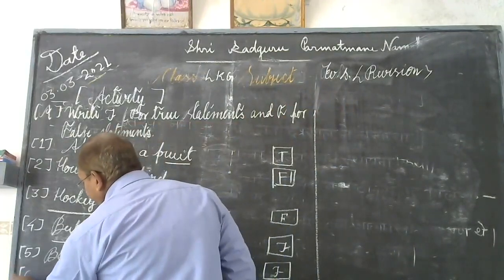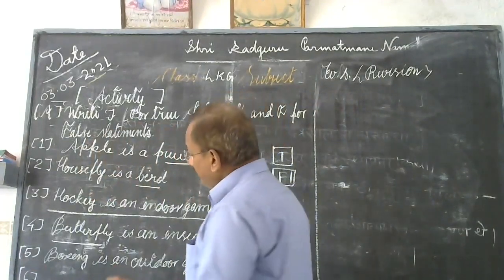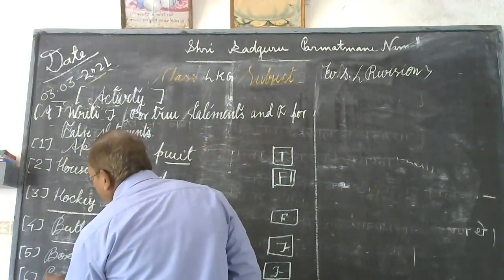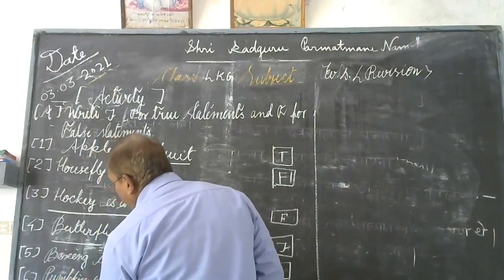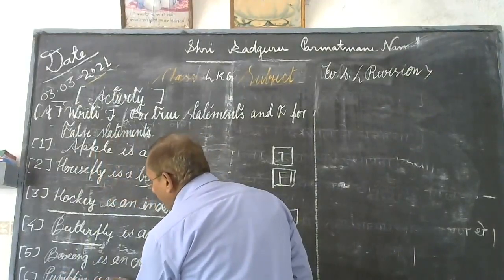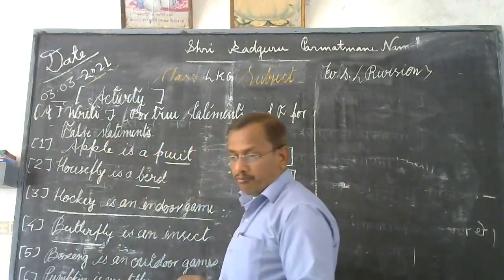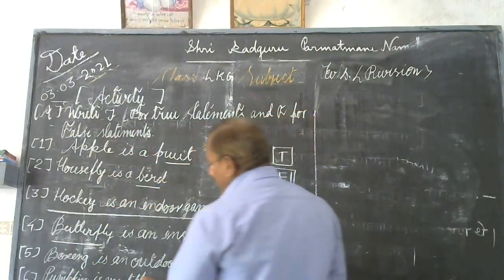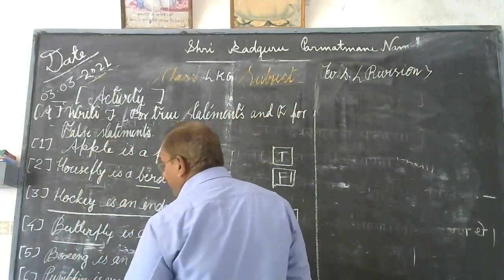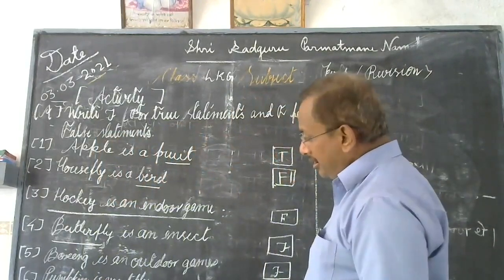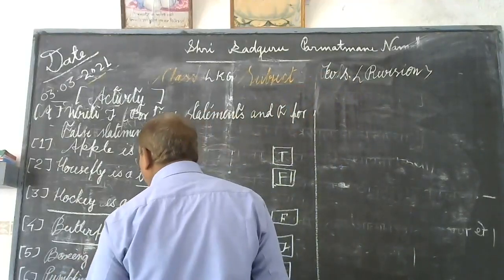Next is: Pumpkin is a vegetable. We have it in the vegetable part of the lesson on vegetables. Among all those vegetables, pumpkin also we found here.